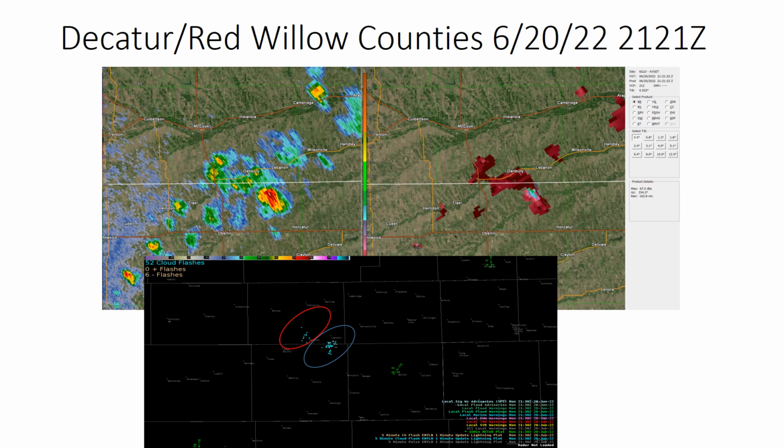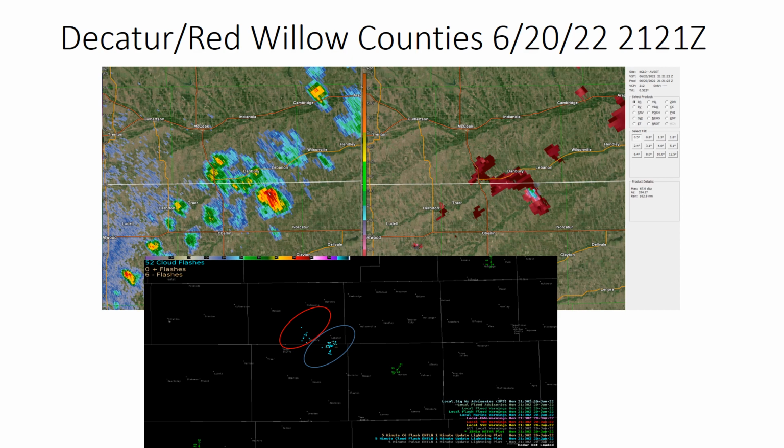This image is right after the 65 mile an hour wind gust. As you can see, there is a pretty well defined increase in lightning as well, which is indicated by the blue circle. There's a pronounced KDP core right there as well, looking at the image on the right.